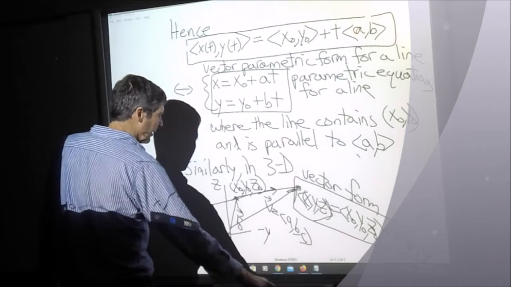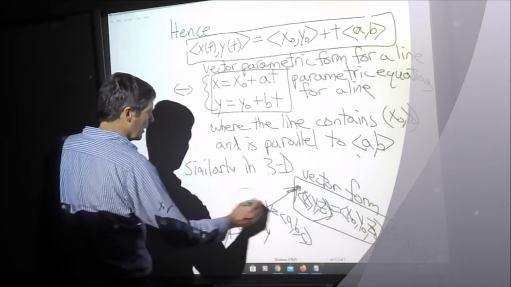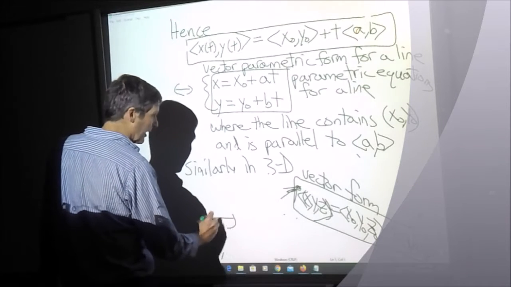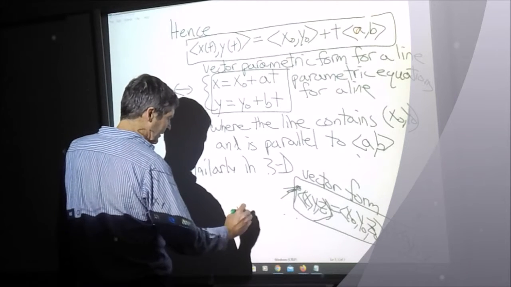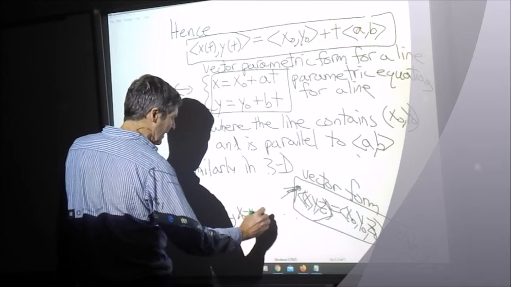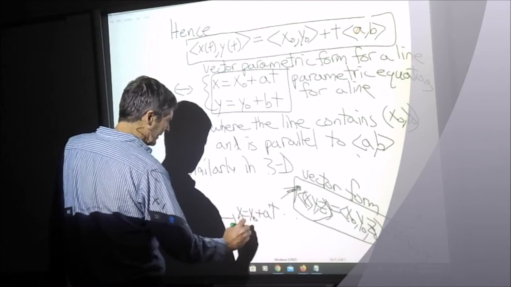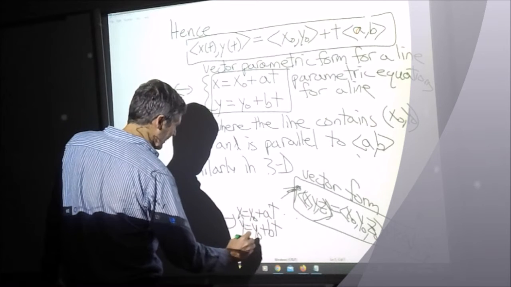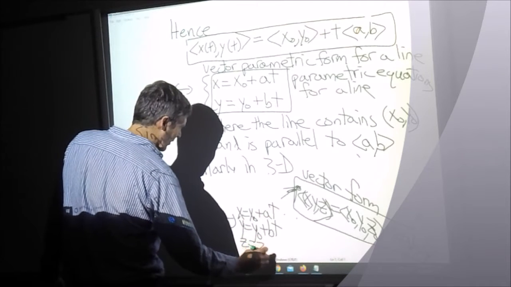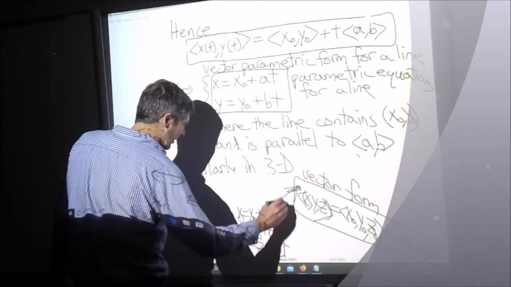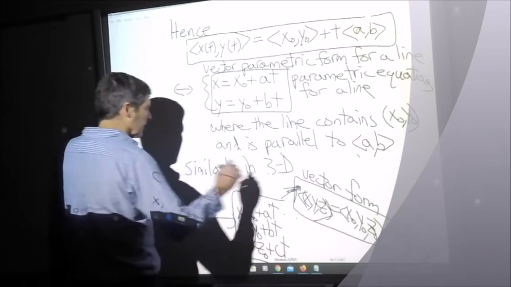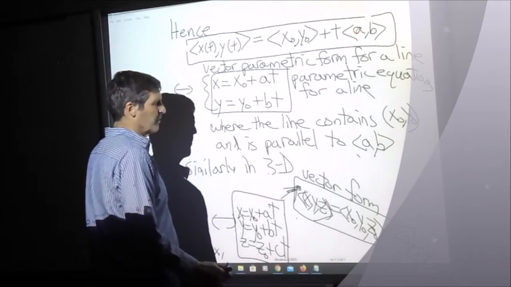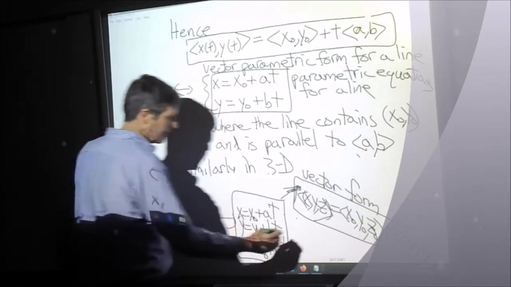And then you can write equivalently by equating components once again. x equals x0 plus at, y equals y0 plus bt, z equals z0 plus ct, 3 parametric equations where t is called the parameter and runs from minus infinity to infinity.